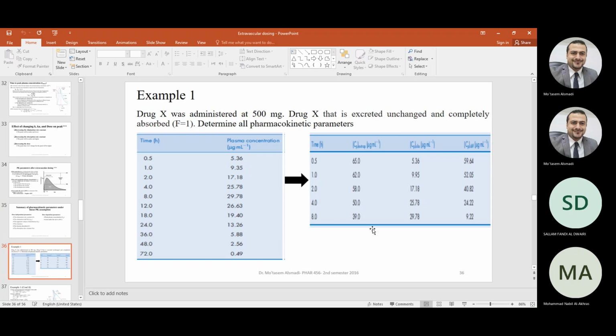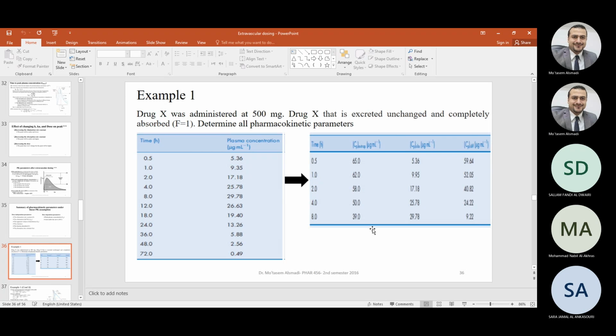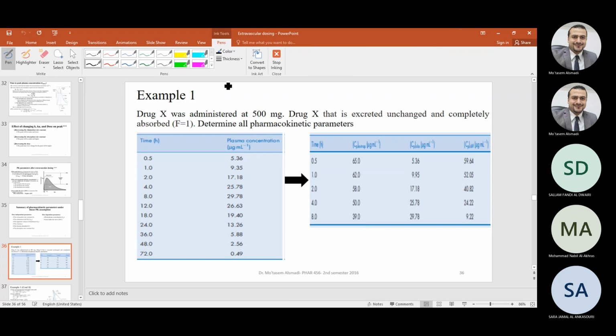Let's go to the first example. We have drug X, which was administered at 500 milligrams. Drug X is excreted unchanged and completely absorbed. When I change it from completely absorbed to completely bioavailable, just scratch this word here. So this is not completely absorbed.